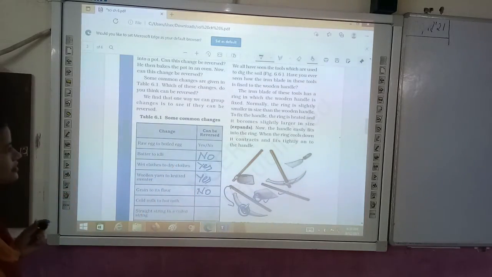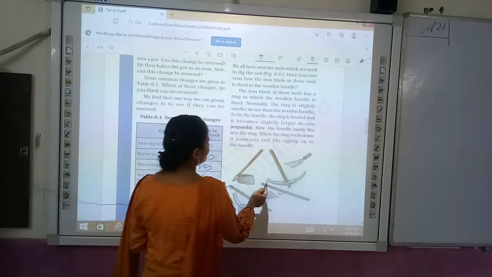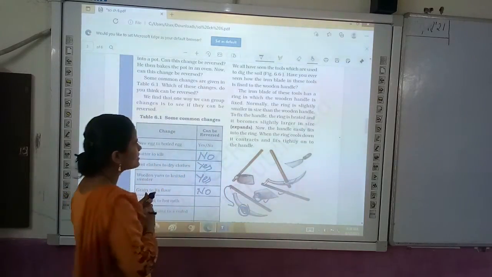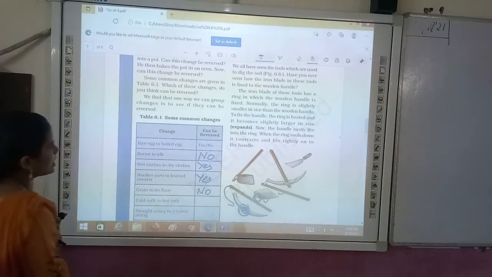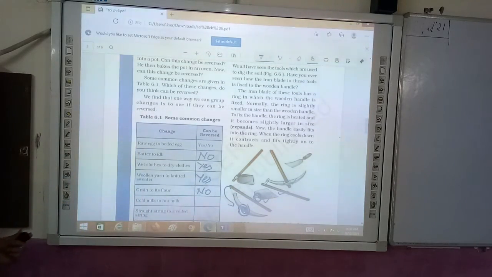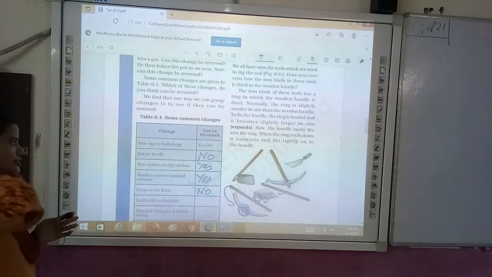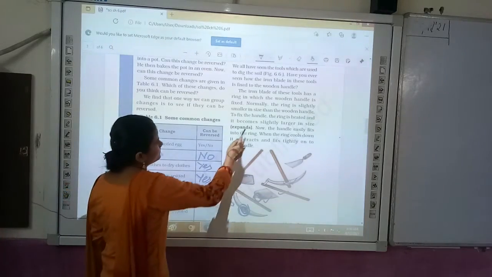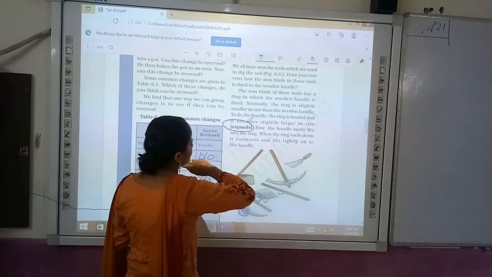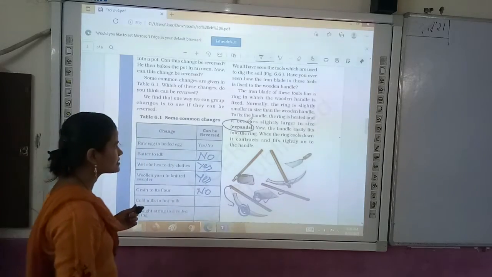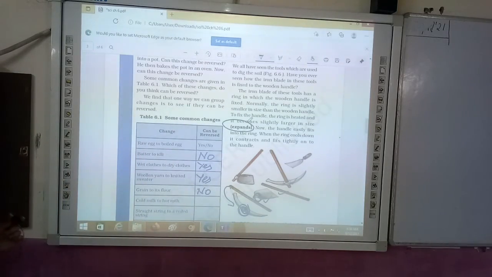To fix the handle, the ring is fitted. Now, if you want to fix this handle, so we heat the iron. ठीक है, iron is heated and it becomes slightly larger in size. और ये क्या हो जाएगी, थोड़ी सी बड़ी हो जाएगी. जो ring हो जाएगी वो थोड़ी सी बड़ी हो जाएगी. It means it expands. ठीक है, expand means it becomes slightly larger in size. Now the handle easily fits into the ring.